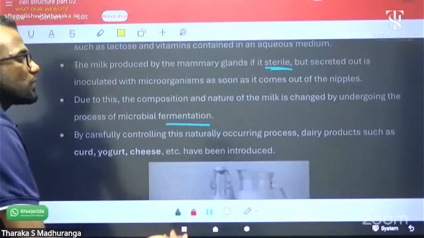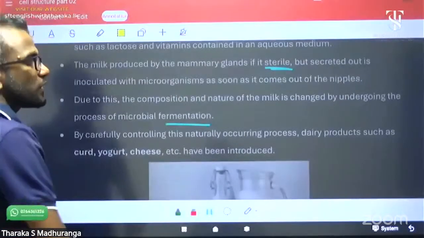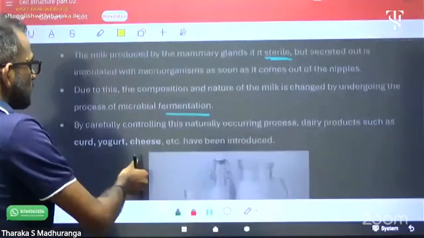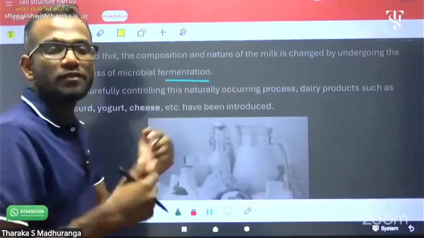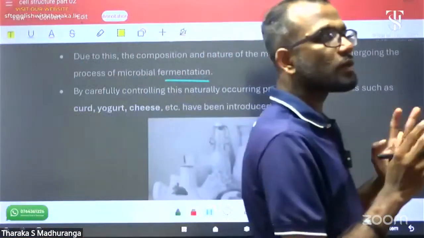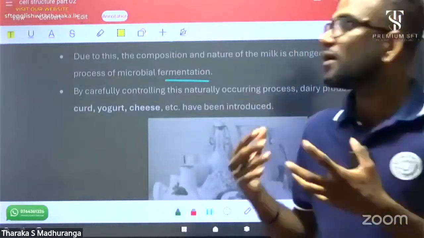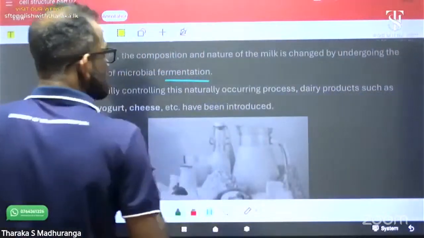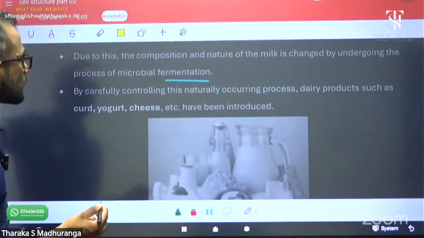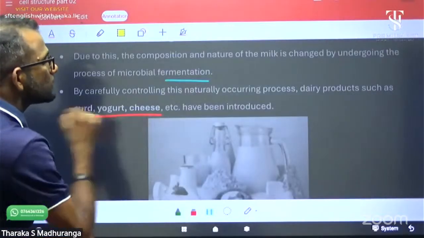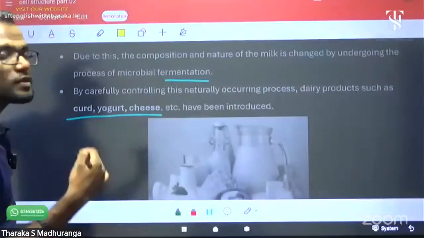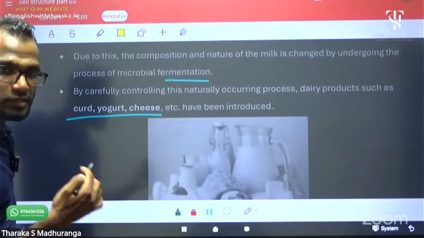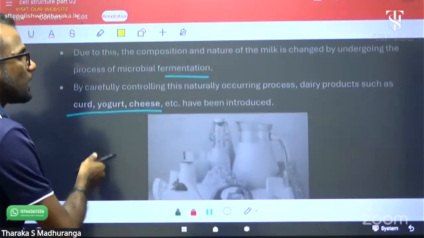It's a breakdown of compounds and a lot of changes, right? By carefully controlling this naturally occurring microbial reaction, dairy products such as curd, yogurt, cheese, we can produce by controlling these natural decompositions, natural microbial reactions.